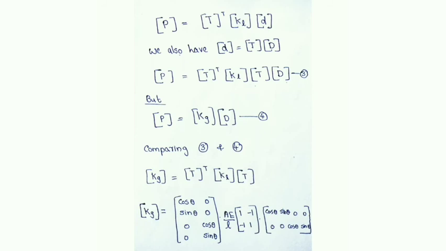We also have another relation, small d is equal to T into capital D. Substituting this in the above equation, we get global P is equal to T transpose KL into T into capital D. We also have another relation, that is capital P is equal to kg into global D, where kg is the global stiffness matrix.